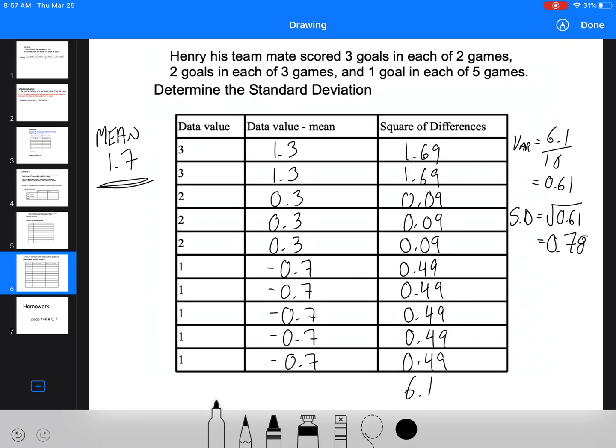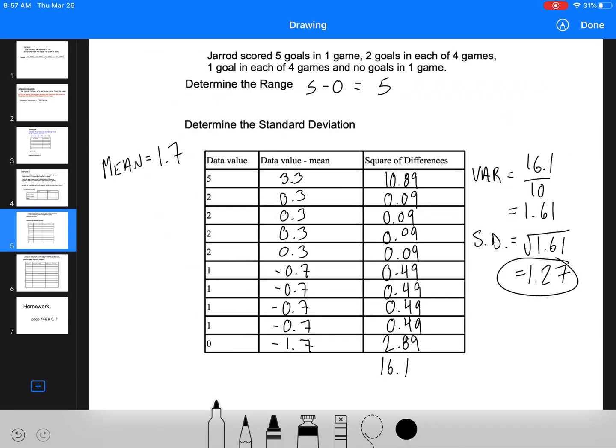So what this is showing us is that while they have the same mean, they both score on average 1.7 goals, Henry is scoring between approximately 0.9 goals and 2.5 goals every game, whereas Jared is scoring 0.3 goals up to 3 goals a game.